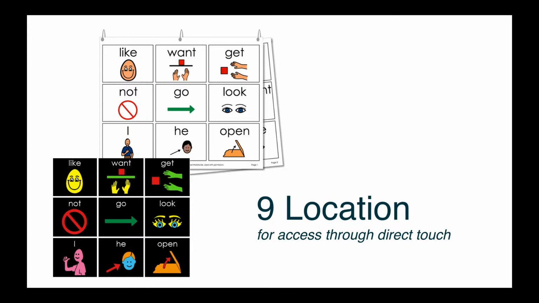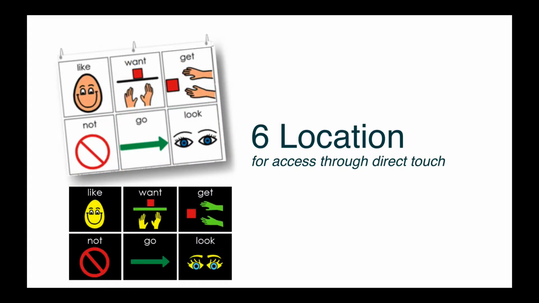A high contrast version is available. The 6-location format shows 6 symbols on each page across a 6-page book. This format is best suited to students who benefit from fewer symbols per page to visually scan or need larger targets to touch. A high contrast version is available.